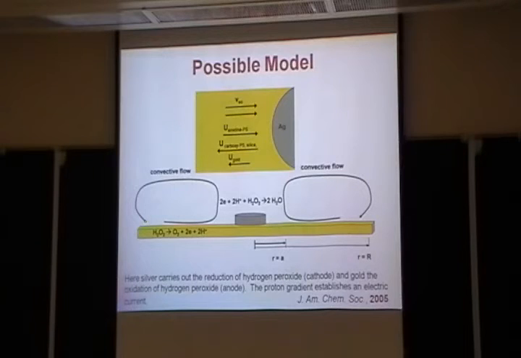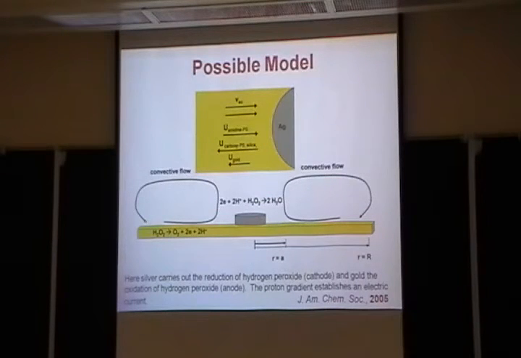You can see that when you measure the direction of current. So in this case, gold is where oxidation takes place, silver is where reduction takes place. And so electrons go from gold to silver, protons go along the surface to silver, drags water.